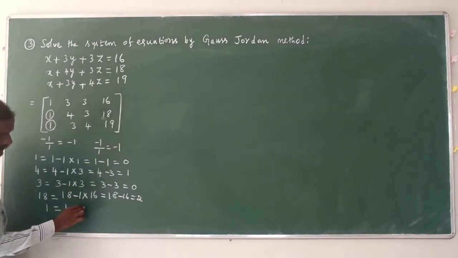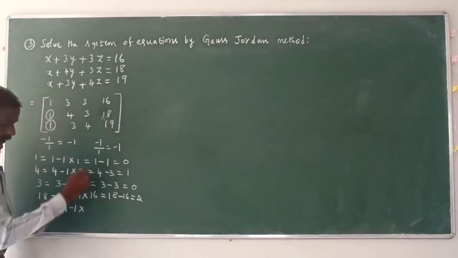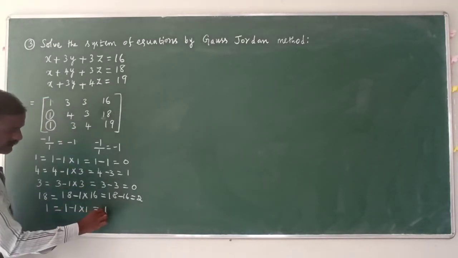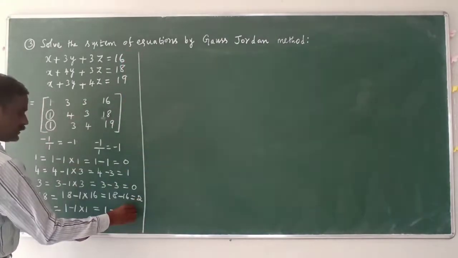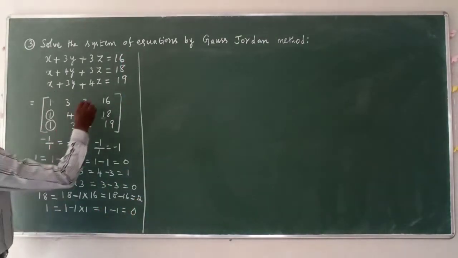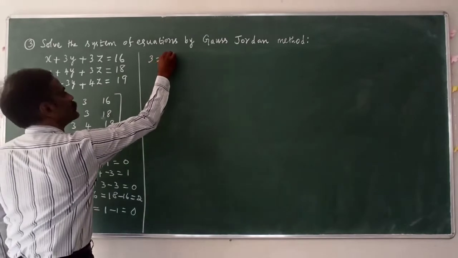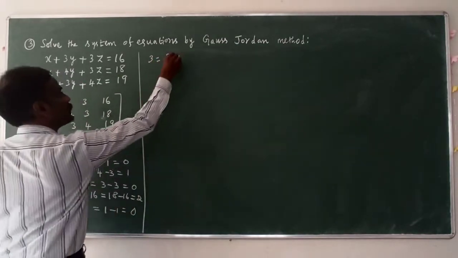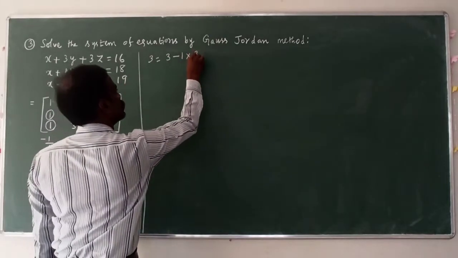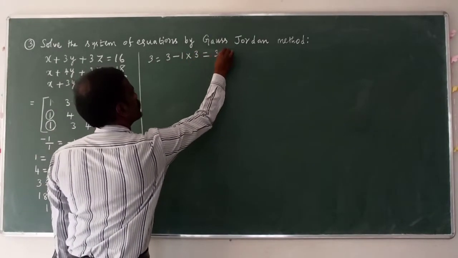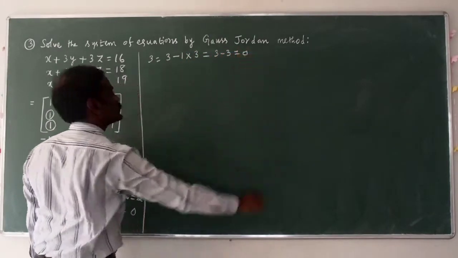Next, to make row 3 first column 0, 1 equal to 1 minus 1 into the corresponding row 1 value, so 1 minus 1 equal to 0. Next, 3 equal to 3 minus 1 into 3, so 3 minus 3 equal to 0.